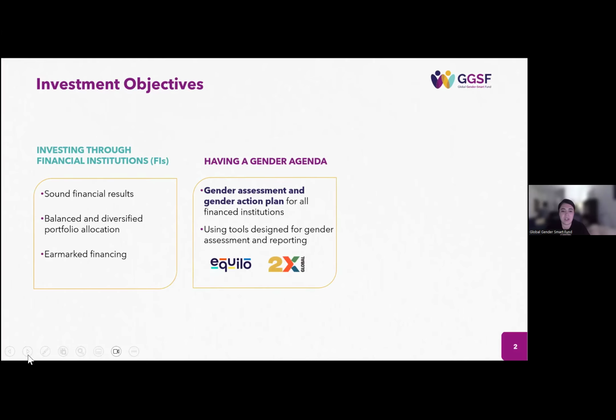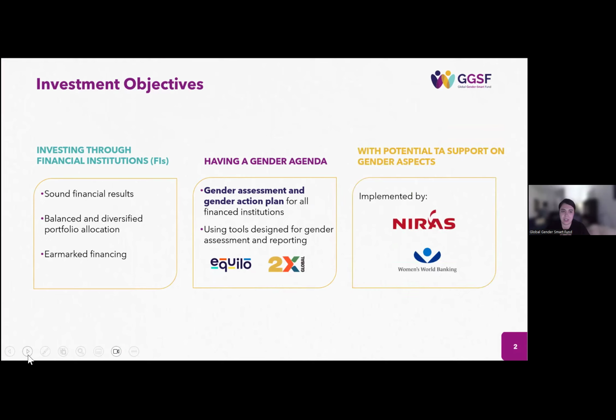I just wanted to briefly introduce GGSF to those of you that are not familiar with it. So it's the Global Gender Smart Fund, and it's actually the biggest investment fund that is dedicated to gender equality, with the aim to bridge the finance gap of the $1.7 trillion US. So the way GGSF does it, basically, it is a debt fund that is providing loans to financial institutions.